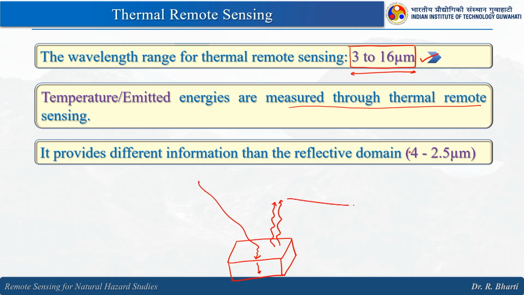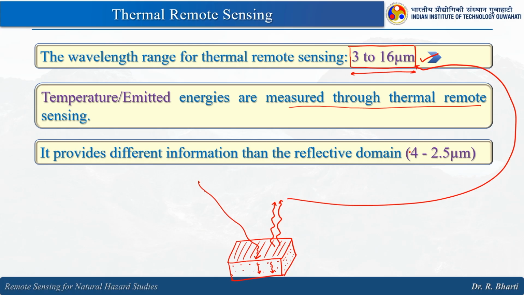So, this longer wavelength region is nothing but the 3 to 16 micrometer. Now, this emitted energy is not because of the surface, right, it is because of the volume of this particular target. So, if the volume is different, a different amount of energy will be absorbed, right. So, that is what provides different information.